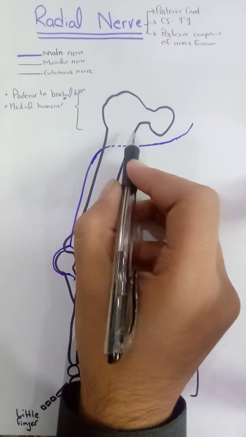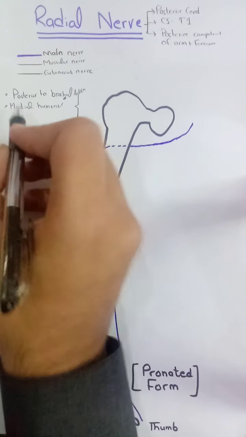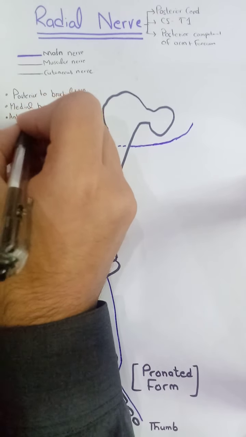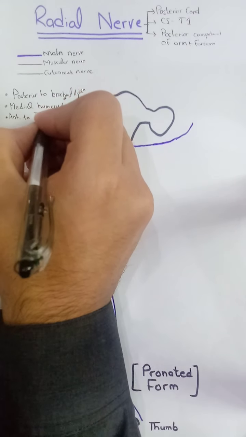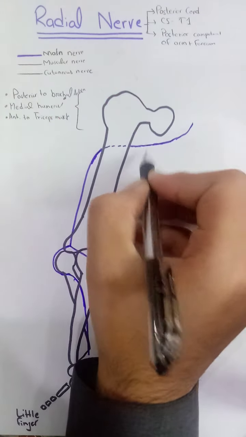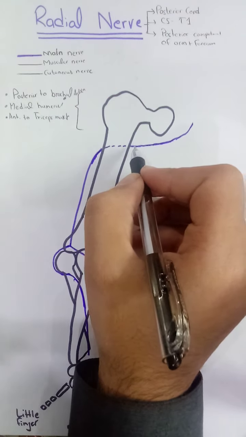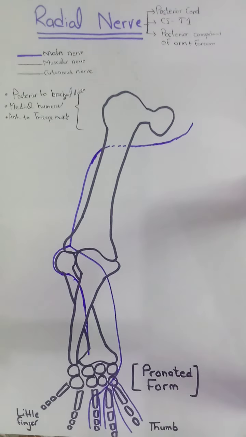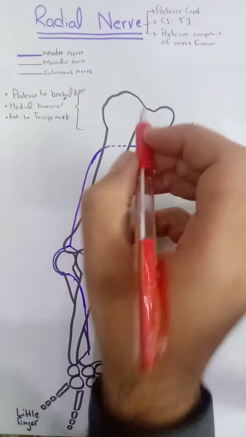As you have seen, this is the humerus bone. It is present medial to humerus, posterior to brachial artery, and anterior to triceps muscle. These are the relations at this point where it is entering into the arm region, and here it will give two branches, and those will be the muscular branches.